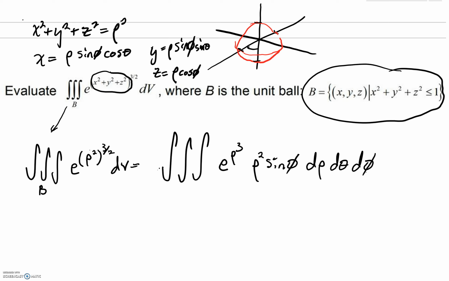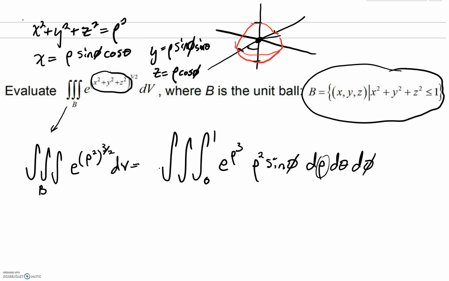Well, let's take a look at rho. We've got a unit ball, and from the origin going out, you can see that rho can only span any point inside of that ball. Will be a distance from 0 to 1 from the origin.